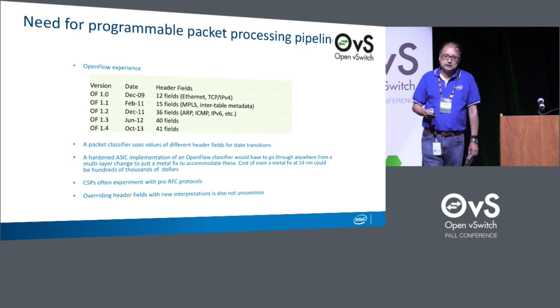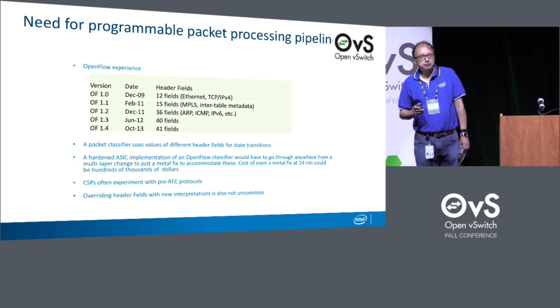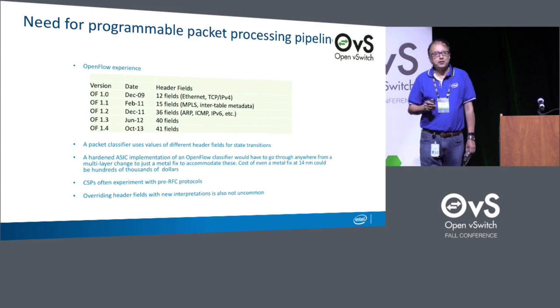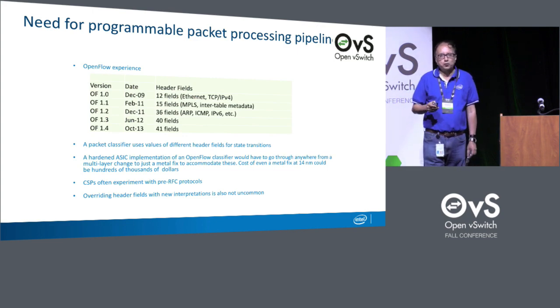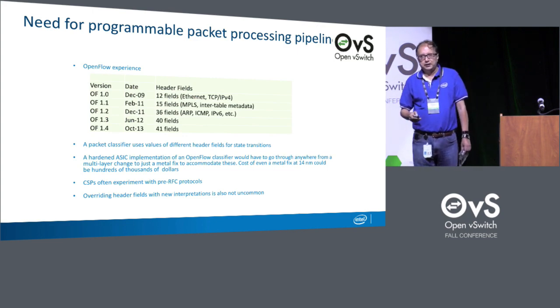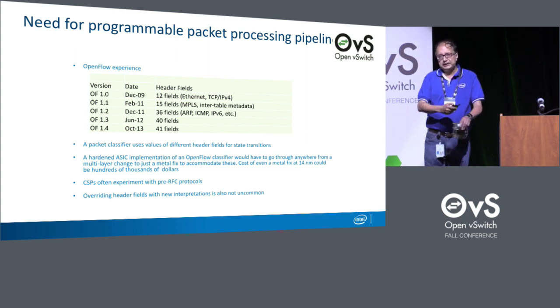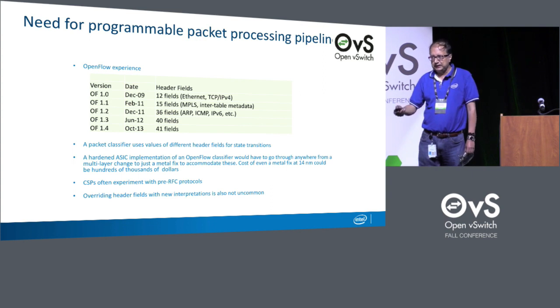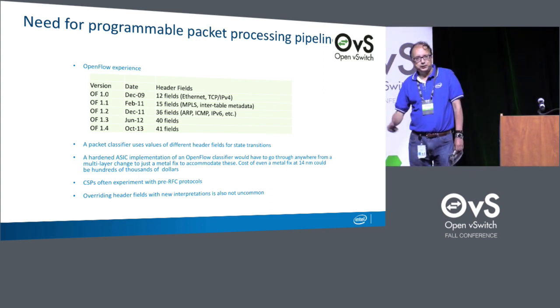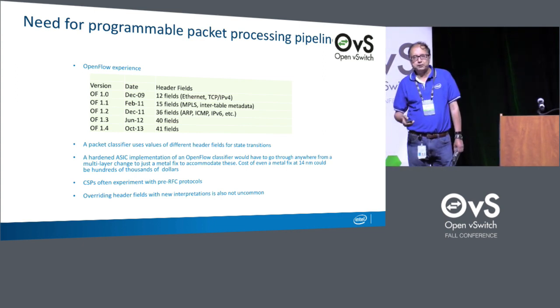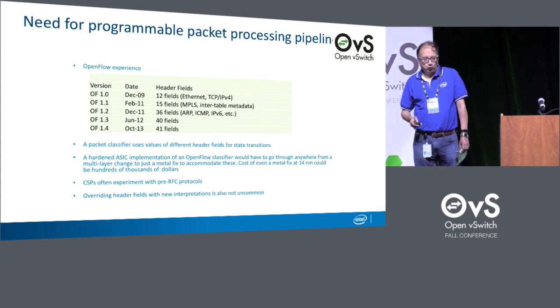The question is, why do we feel that this packet processing pipeline needs to be reprogrammable? What's wrong with just a hardened parser that knows that these are the states and this is the action to be taken? The problem with that, as an example, I wanted to bring your attention to what happened with OpenFlow.